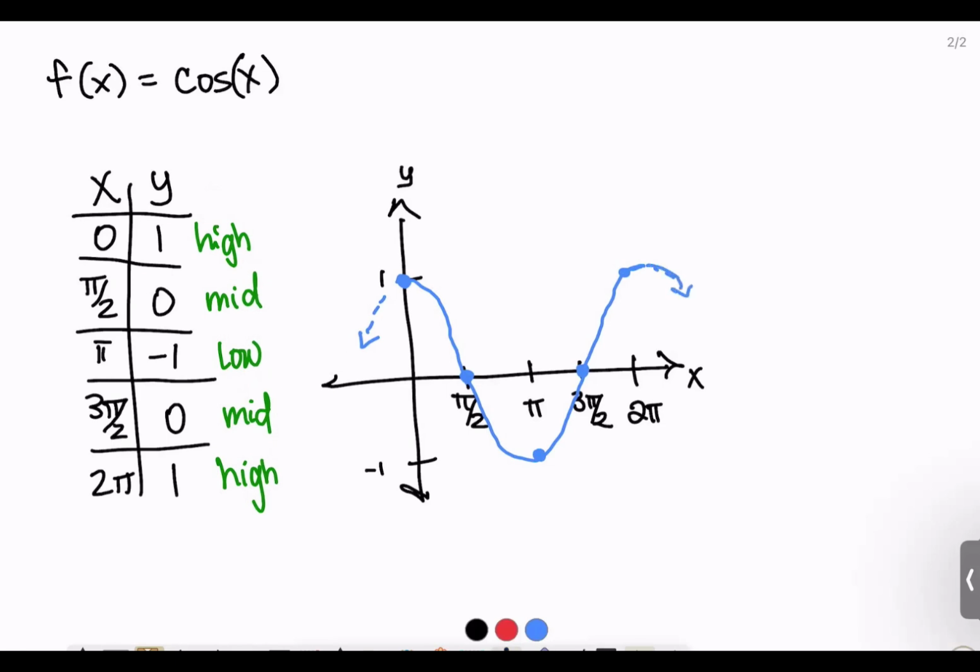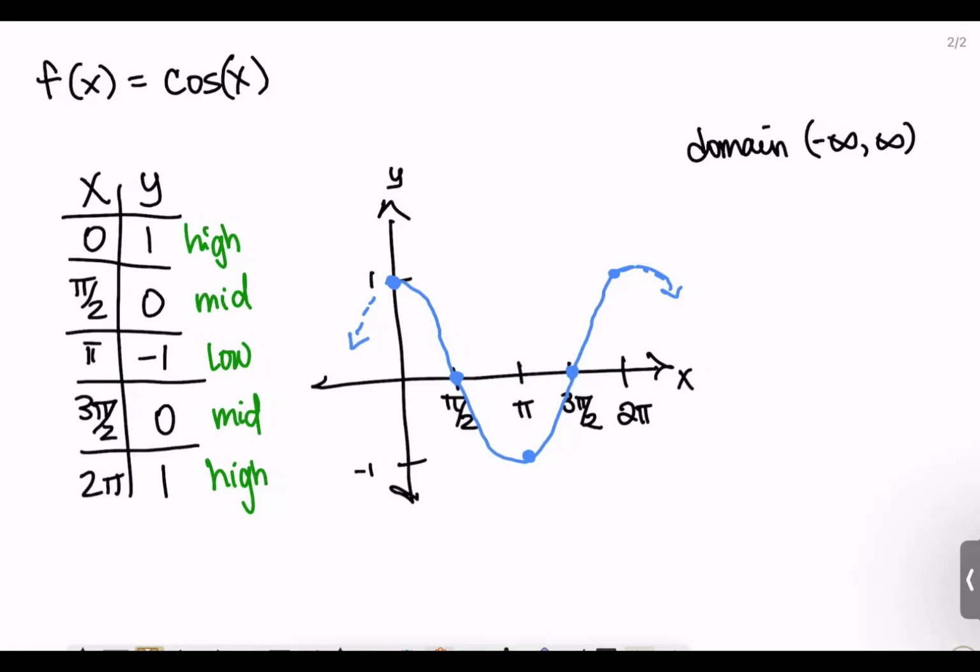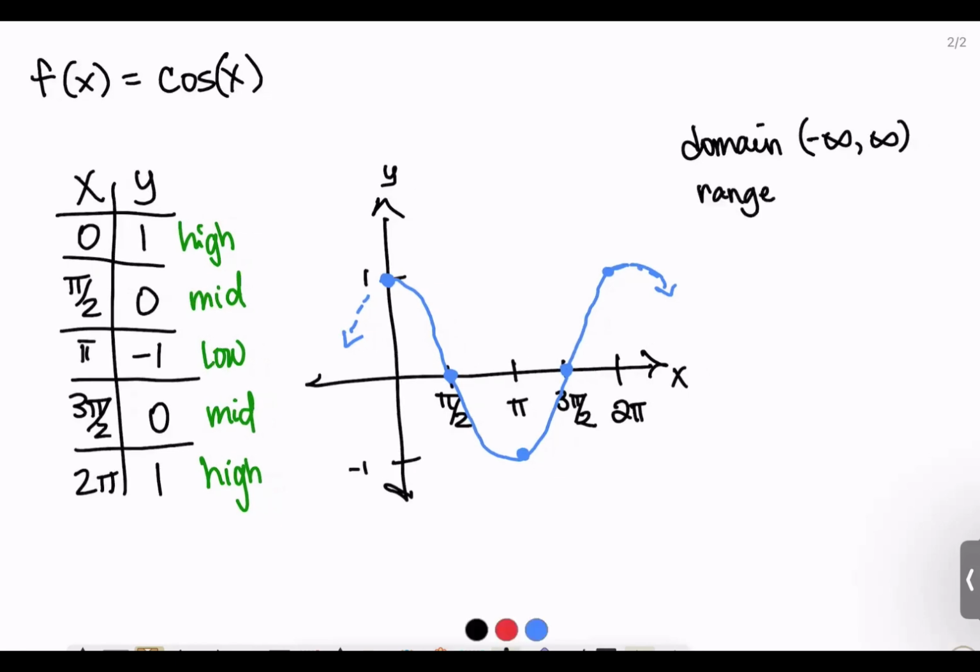So cosine is the same domain. You can still plug in any number, any real number. Your outputs are still going to be in between -1 and +1. Cosine is an even function. So you see the y-axis symmetry here.